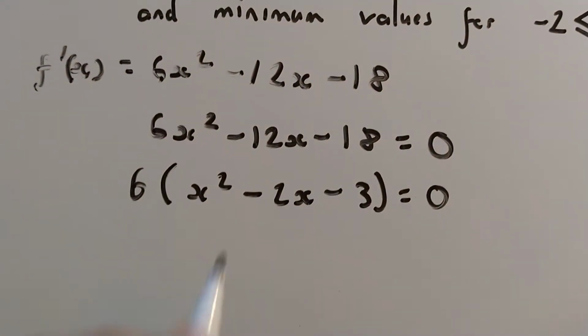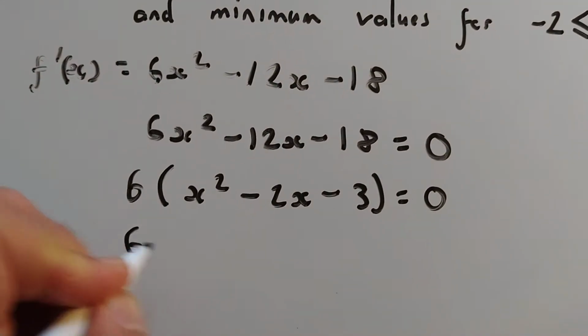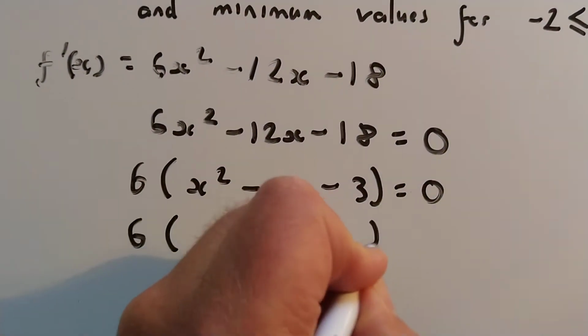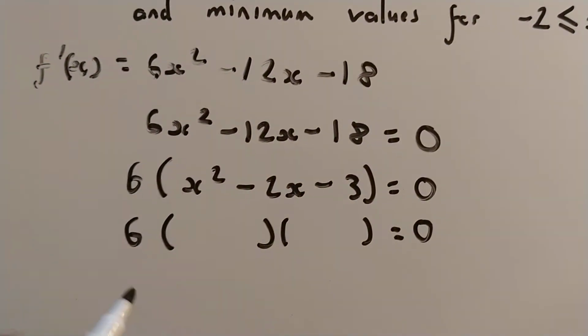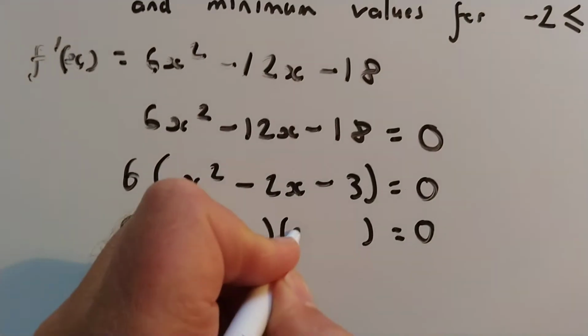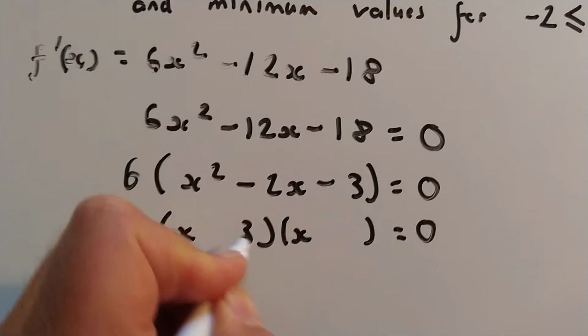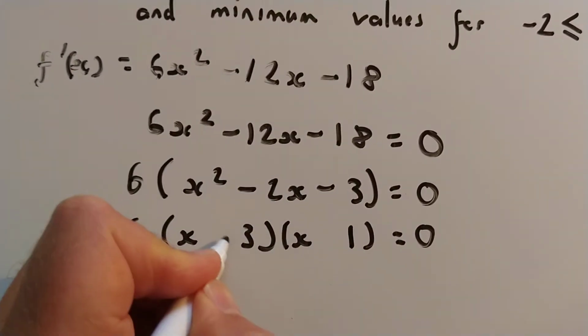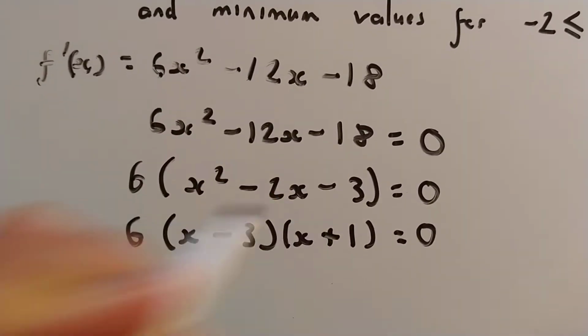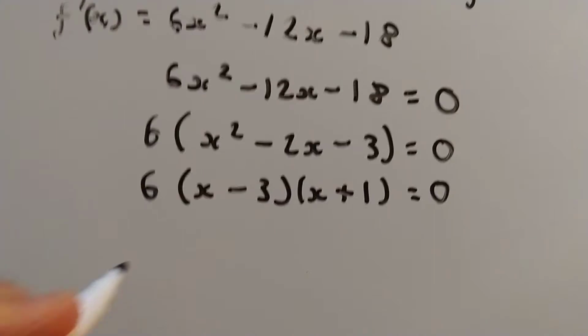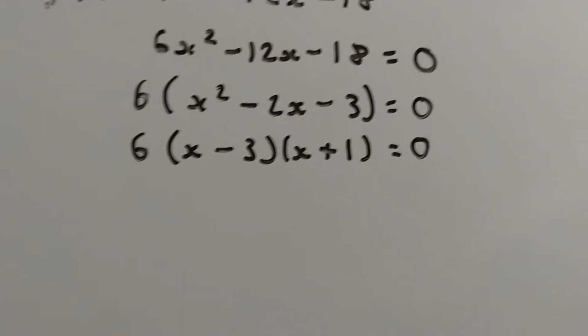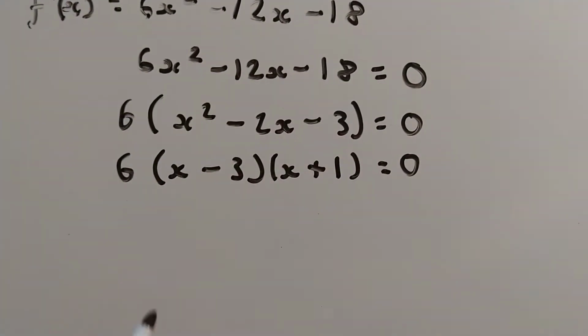Now I'm going to factorize this term in here. That'll give me 2 brackets. Still always writing equals 0. x and x. 3 times 1 and a negative on that one. I know 6 is not equal to 0, so I'll say one of these 2 brackets must be 0.